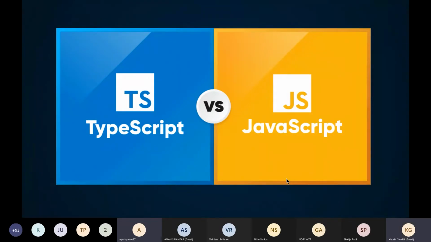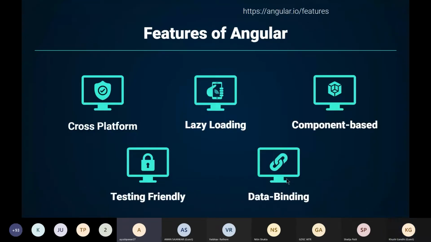Next, if we talk about features of Angular, first of all, it is cross-platform and compatible with multiple browsers. An Angular application can typically run on all browsers, for example, Chrome, Firefox, and different operating systems such as Windows, Mac OS, and Linux.